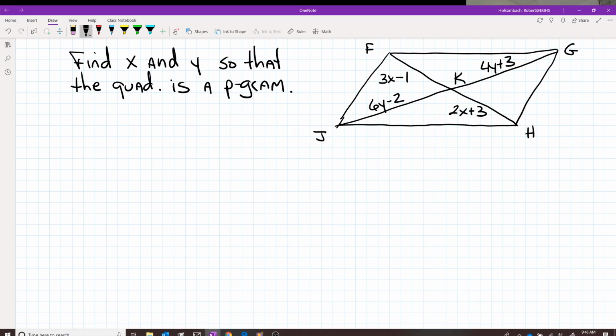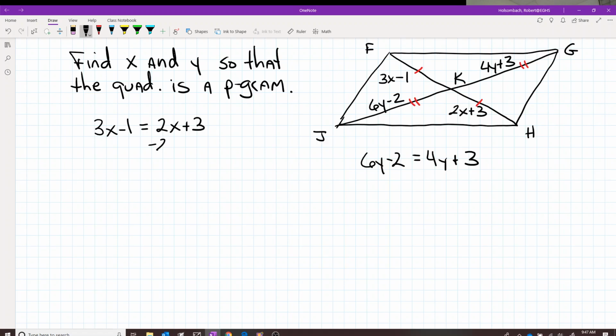Well, you're dealing with diagonals. And when diagonals bisect each other in a quadrilateral, then the quadrilateral is a parallelogram. So that allows you to set your expressions 3x minus 1 equal to your 2x plus 3 and your 6y minus 2 equal to your 4y plus 3. And if you solve for x and y, then those would be the values of x and y that would make that a parallelogram.